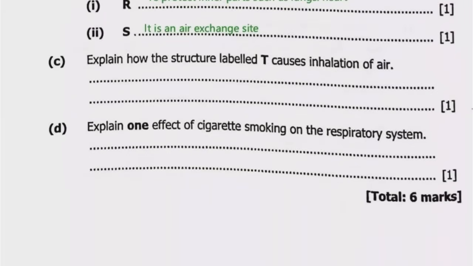So how does diaphragm support inhalation of air? Now let me describe inhalation of air. To inhale air is to breathe in air. So what does the diaphragm do to enhance the breathing in of air?